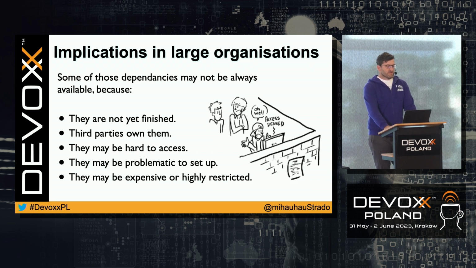So luckily, we know the solution, right? We just talked about test doubles. We can replace all of the dependencies with those test double objects. We can start building those and isolate our work from all of the nasty dependencies that we have.